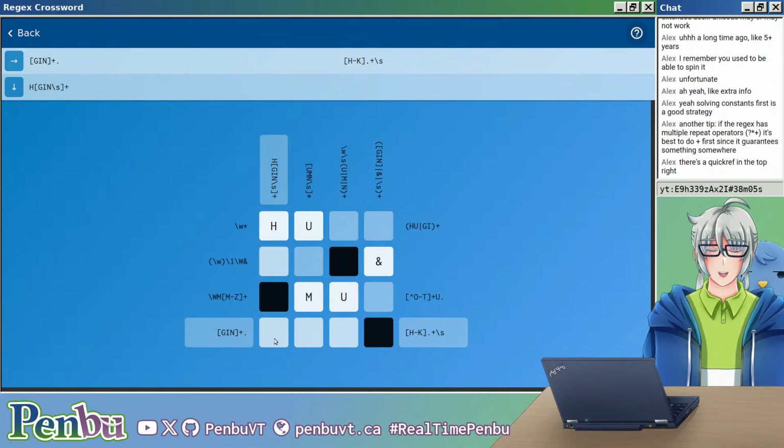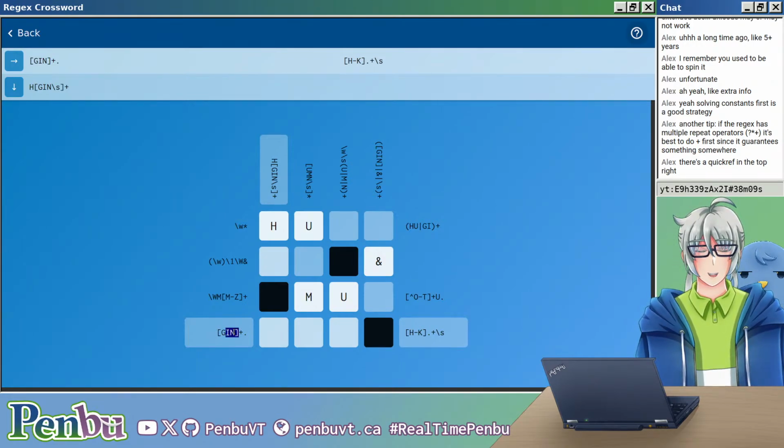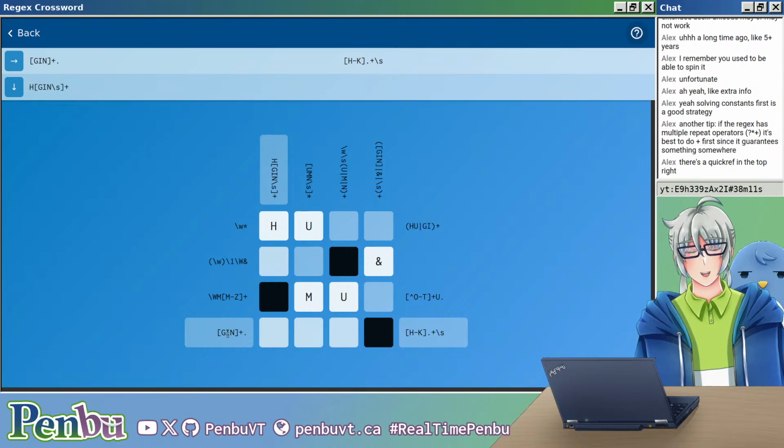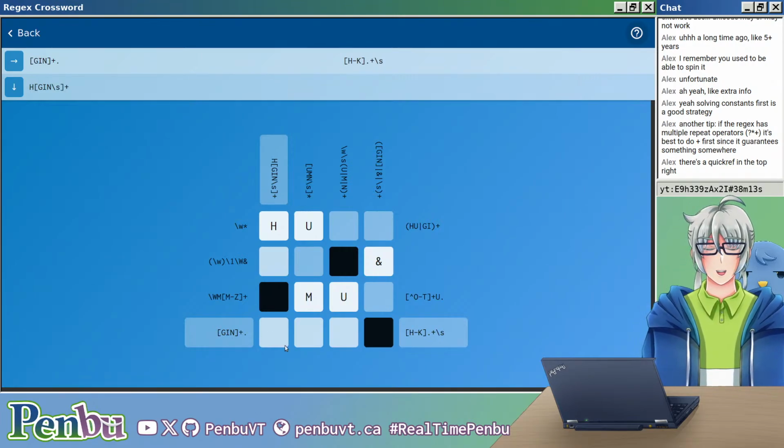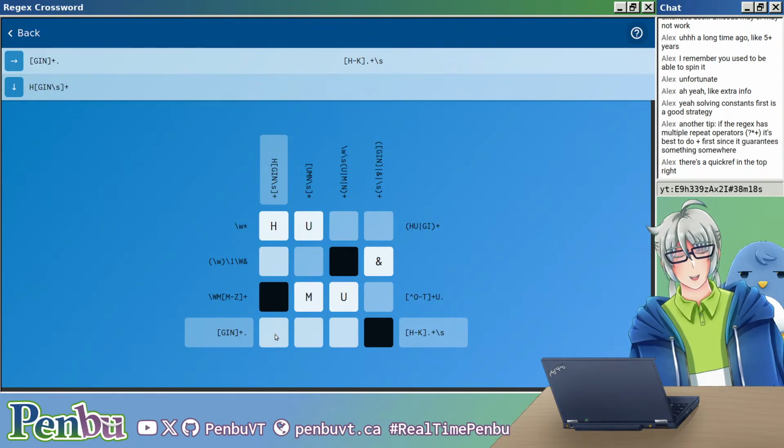And then this has to be anything between an H and K. And the only overlap we have there, A, B, C, D, E, F, G, H, I, J, K, L, M, N. I think it's either an I or an N. Oh, no. I, J, that's an I.